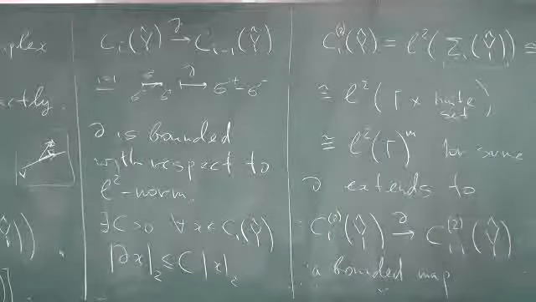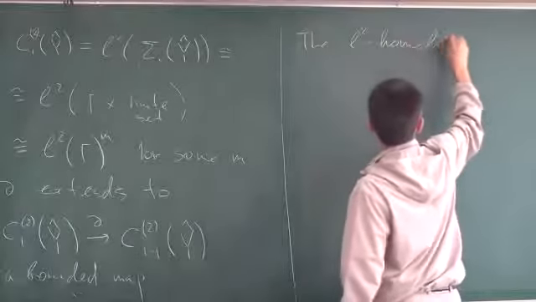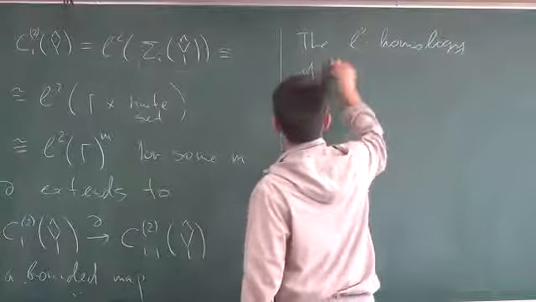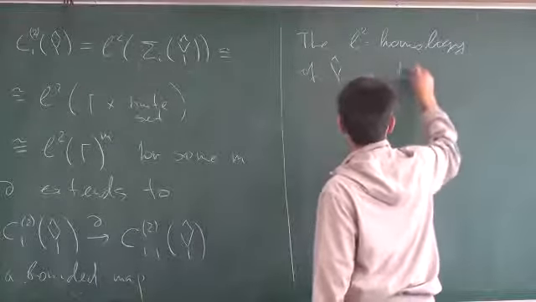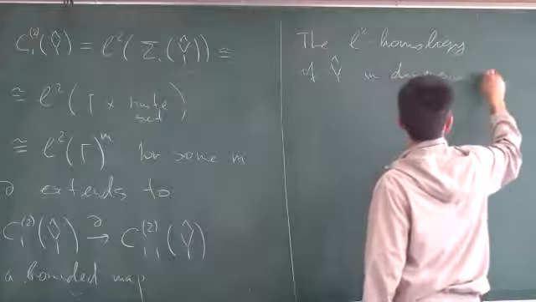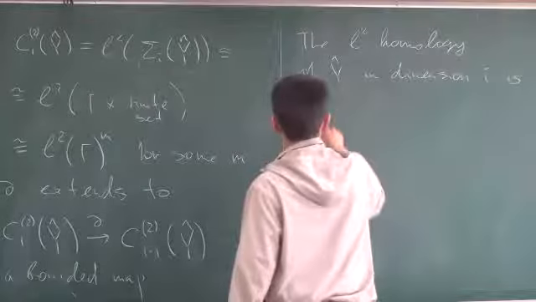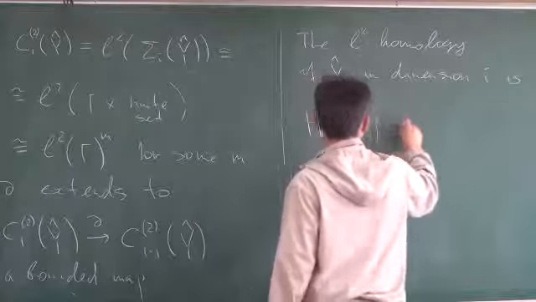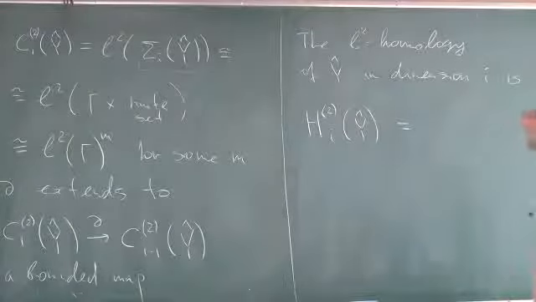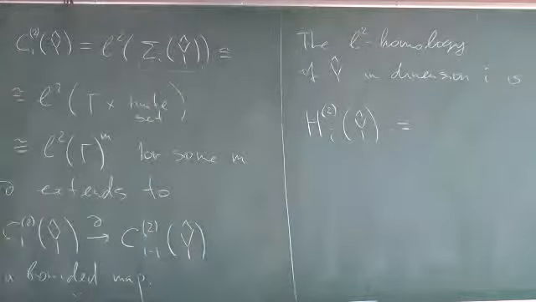So the L2 homology of Y hat in dimension i, the notation is H_i^(2) of Y hat, and the definition is you take the kernel of this map and then you divide by what?